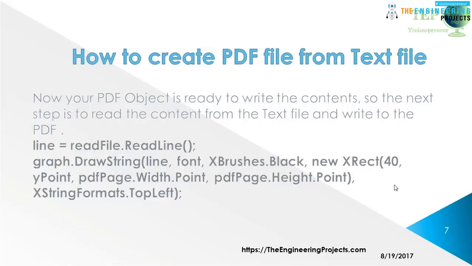We take a line object, a variable, is equal to readFile.ReadLine, graph.DrawString line, which is the string, comma the font, comma XBrushes.Black, the color of the font, comma new XRect 40, y point, comma pdfPage.Width.Point, comma pdfPage.Height.Point, and after closing parenthesis, comma XStringFormat.TopLeft. It means when we execute our program, the PDF which is created has the text string on the top left.